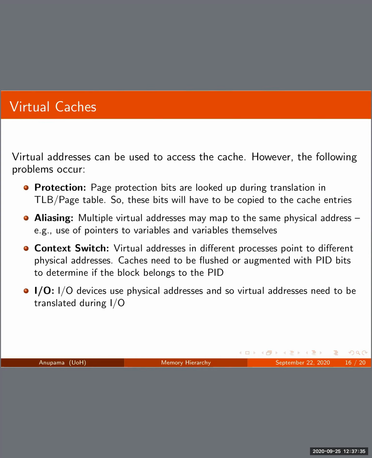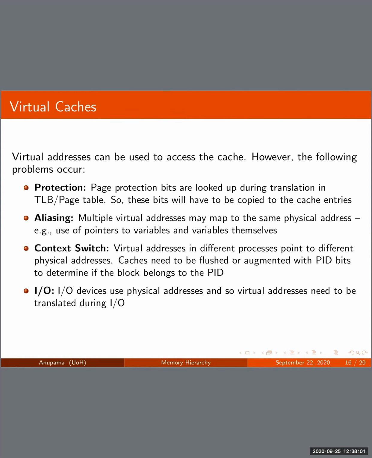But if you use virtual addresses, we have a lot of problems that can happen. One is that please remember that you have what are called page protection bits in your TLB and page table, right? Which tells you whether that page has access to read, write, or execute. And if you are trying to access that page with the wrong permission, then you are kicked out.